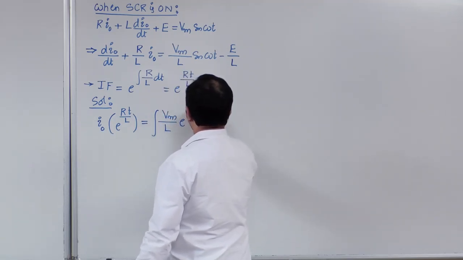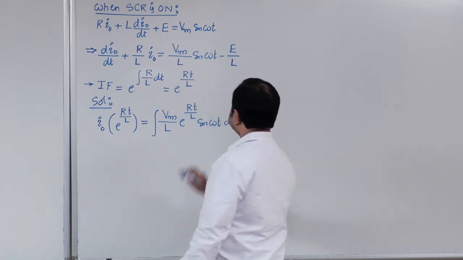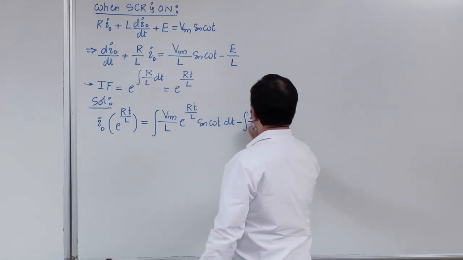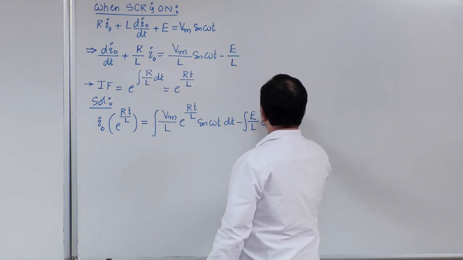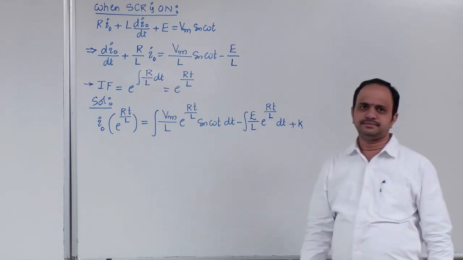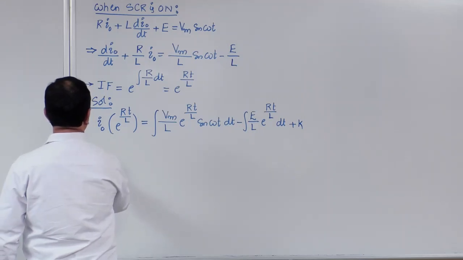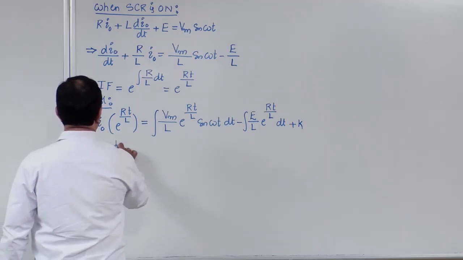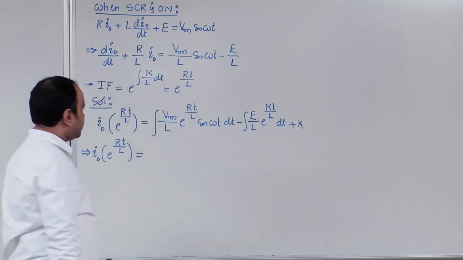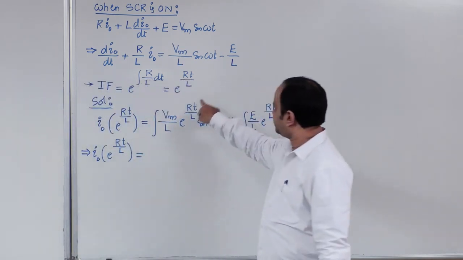Vm by L e power rt by L multiplied with sin omega t dt minus integral e by L e power rt by L dt plus k, right? Now let us further simplify this integration. I naught multiplied with e power rt by L is equal to, now in our previous diode circuits we simplified this integration.